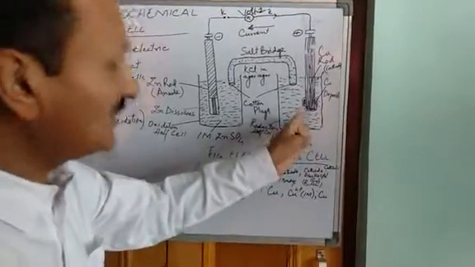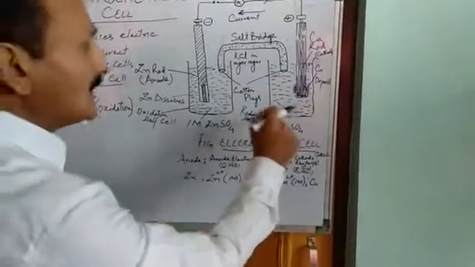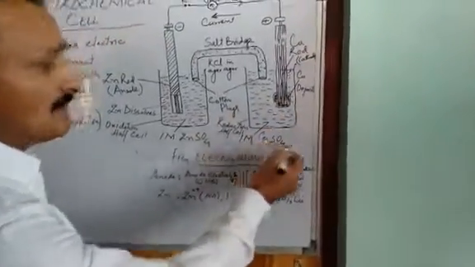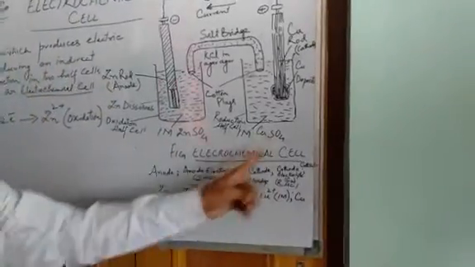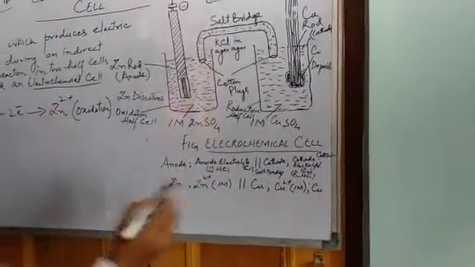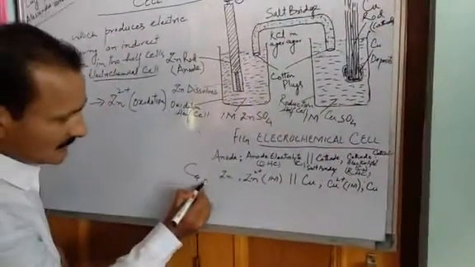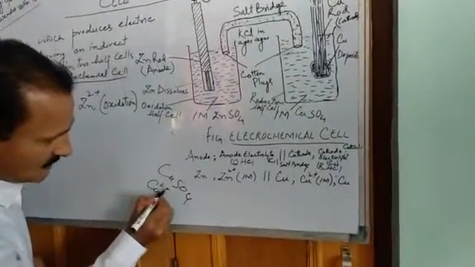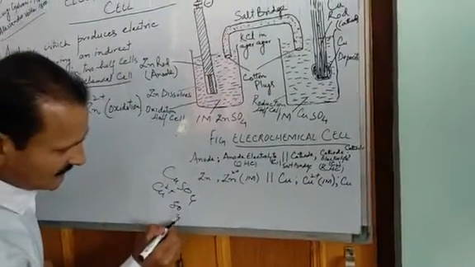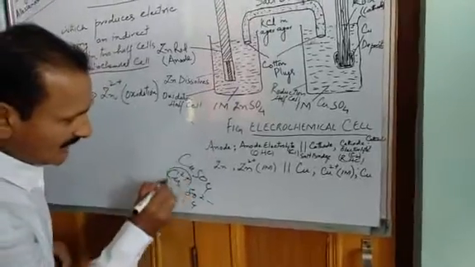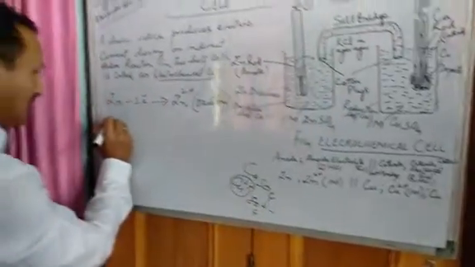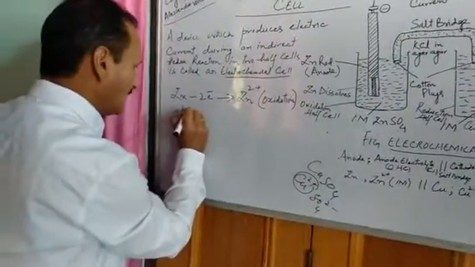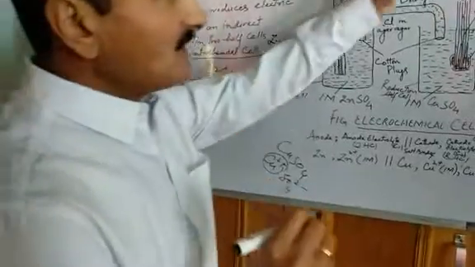Now what happens in this half cell? In this half cell, you know there is copper sulfate solution. It has copper 2 positive and sulfate 2 negative ions, that is, Cu2+ ions. What happens? 2 electrons have come.